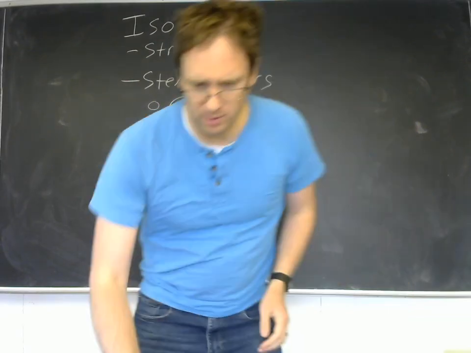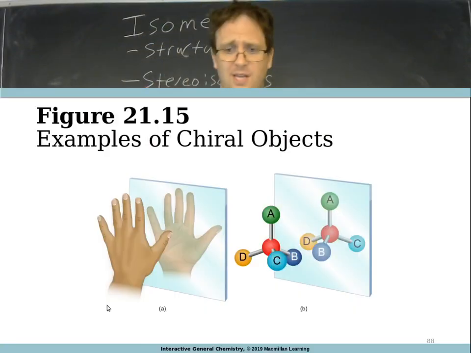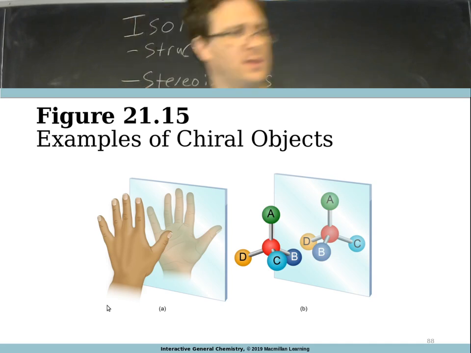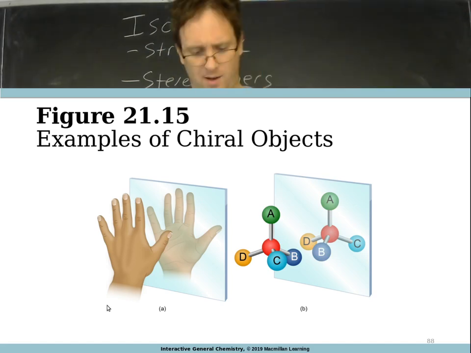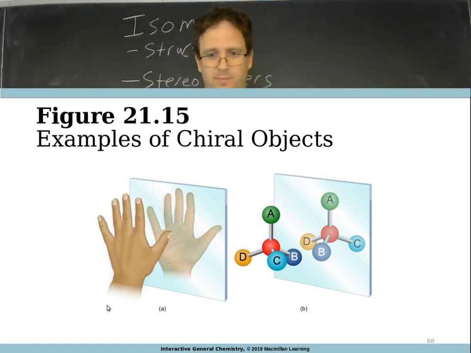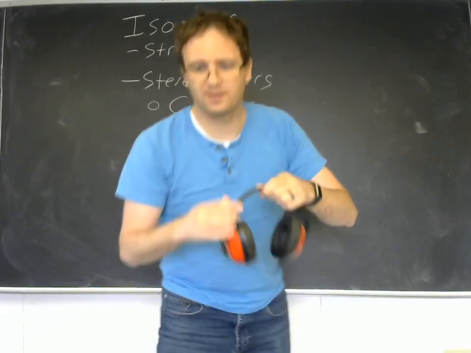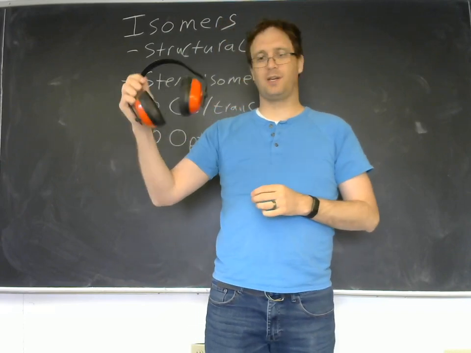Anyway, molecules are the same way, at least chiral molecules are, where their mirror image may not be superimposable on each other. Let me really quickly, I'm just all about the object lessons here. Let's say I have some safety earmuffs here.